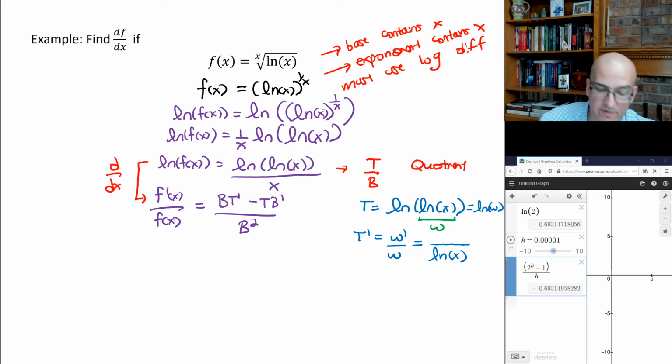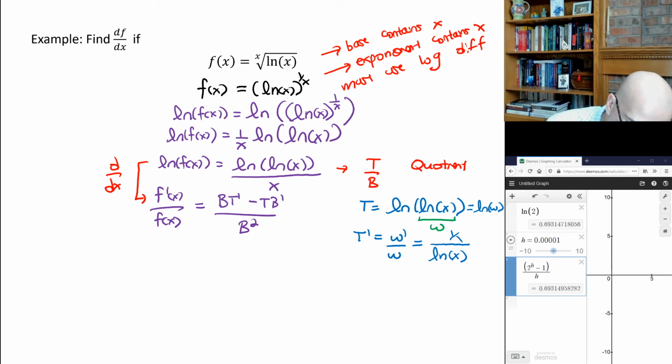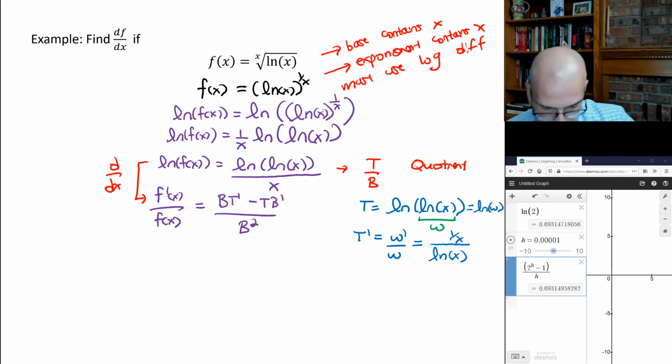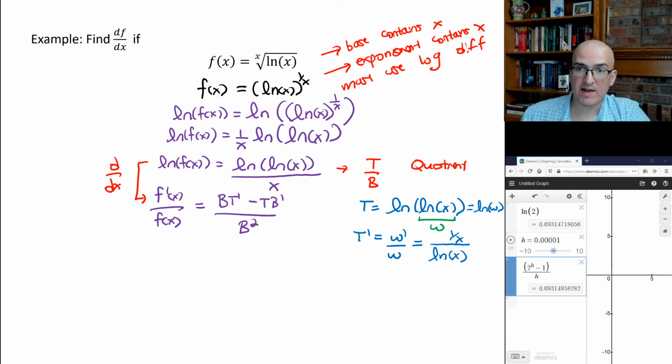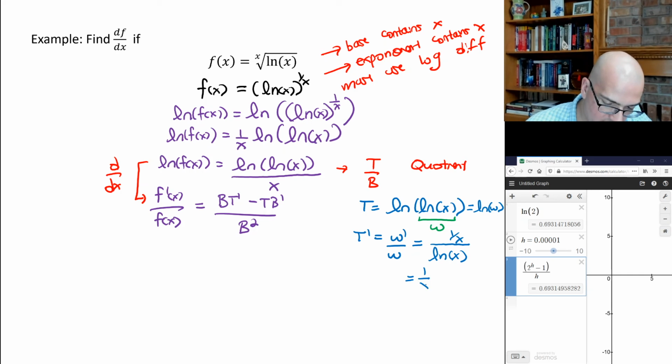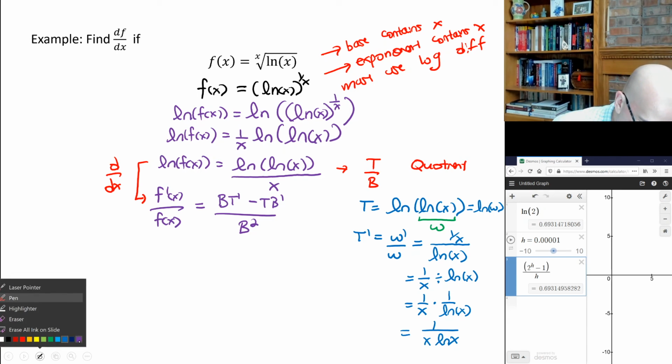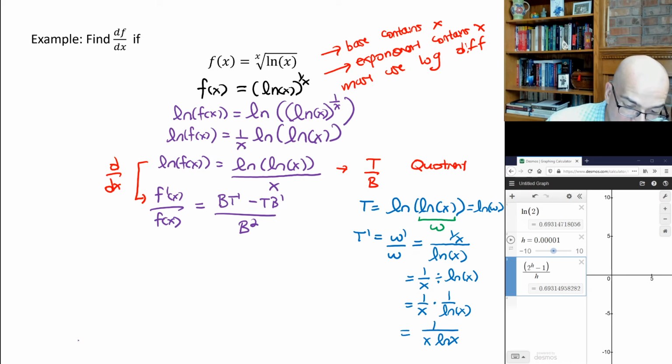W prime is the derivative of ln of x, which is 1 over x. Now I can rewrite that. 1 over x, all divided by ln of x. So 1 over x divided by ln of x is 1 over x multiplied by 1 over ln of x, which is 1 over x ln x. Okay, and then b, the bottom function is just x and b prime is 1.